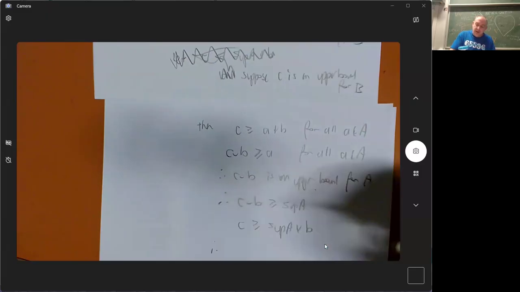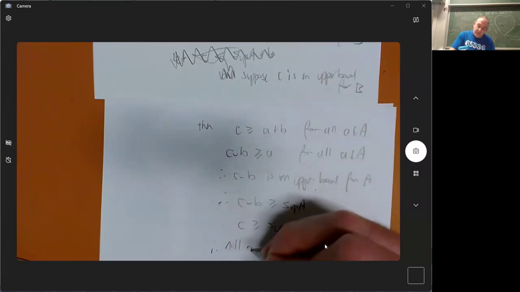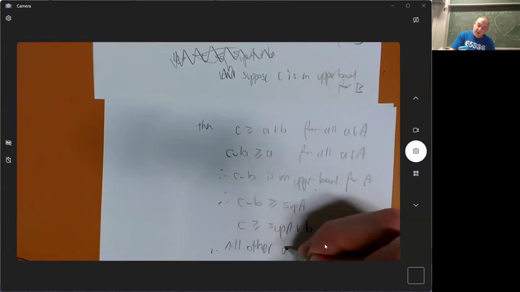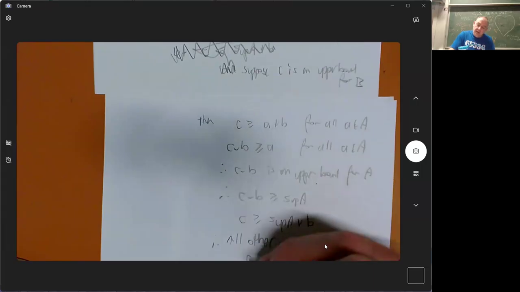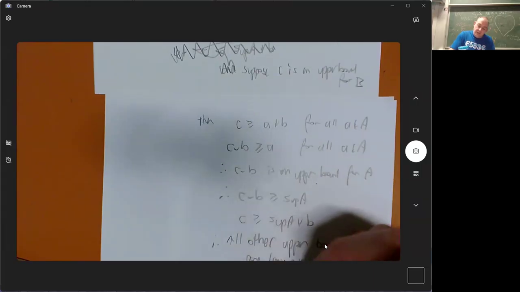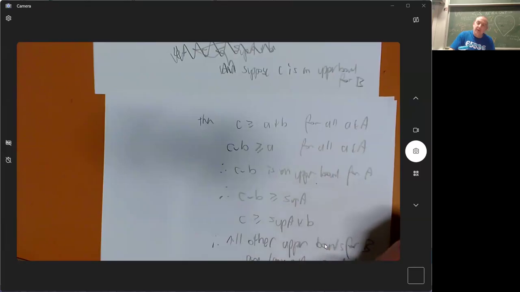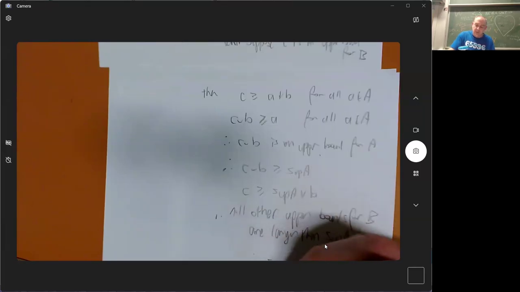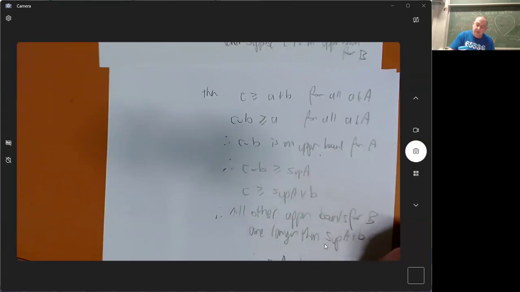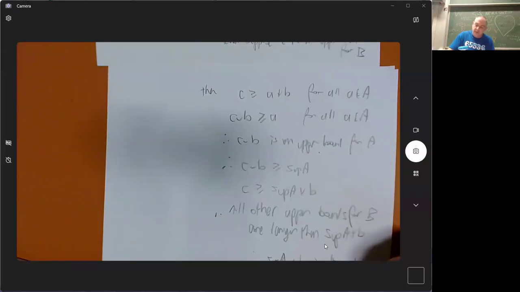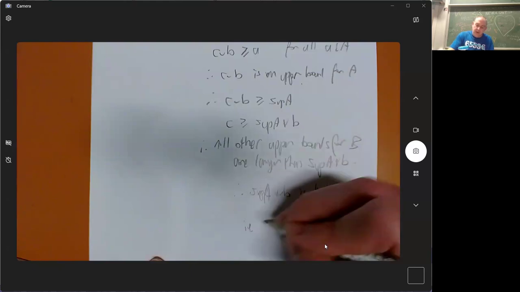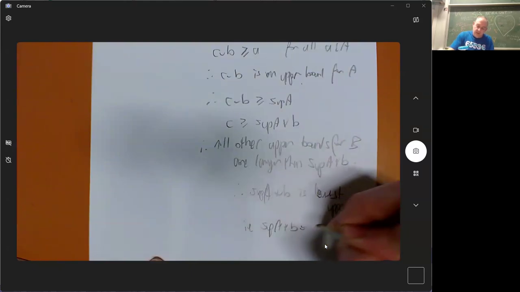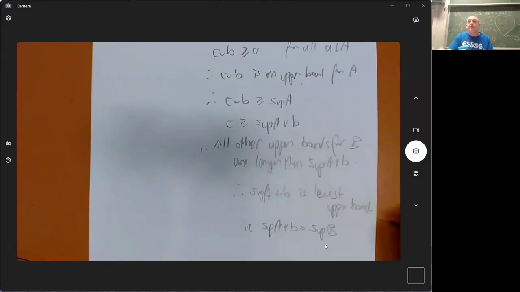So therefore, just to be absolutely clear, all other upper bounds for B are larger than the supremum of A plus b. And so therefore the supremum of A plus b is the lowest upper bound, i.e. the supremum of A plus b is the supremum of B. I like this argument.